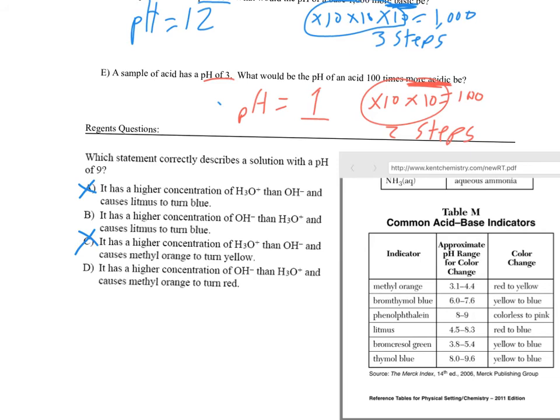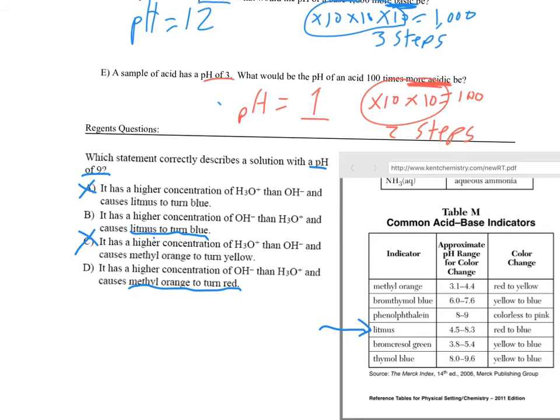We're talking about a base, right? So a pH of 9. So it's either going to cause litmus to turn blue or methyl orange to turn red. And we have to use Table M to figure that out. If I look at Table M for litmus, right over here, it says between 4.5 and 8.3. That's the range for litmus, and it changes from red to blue.